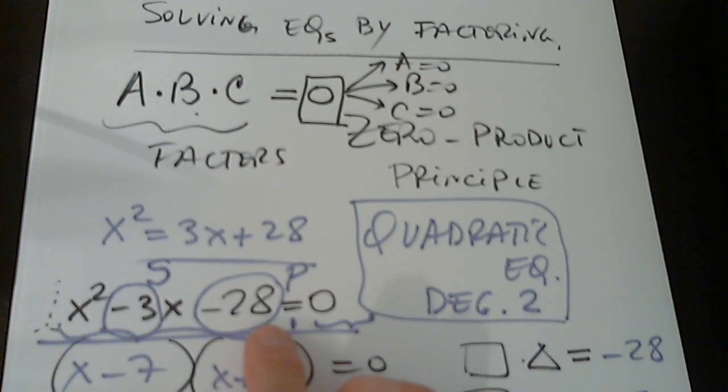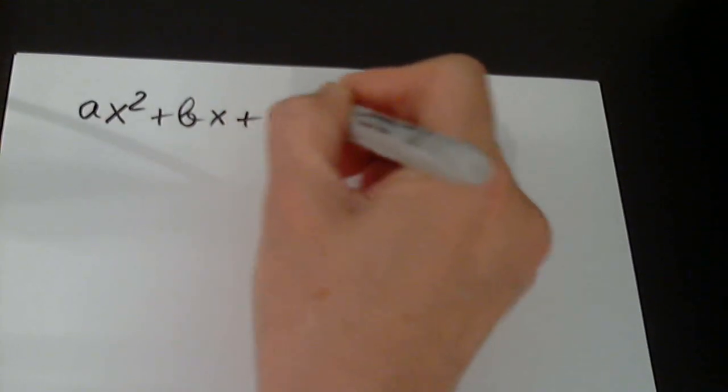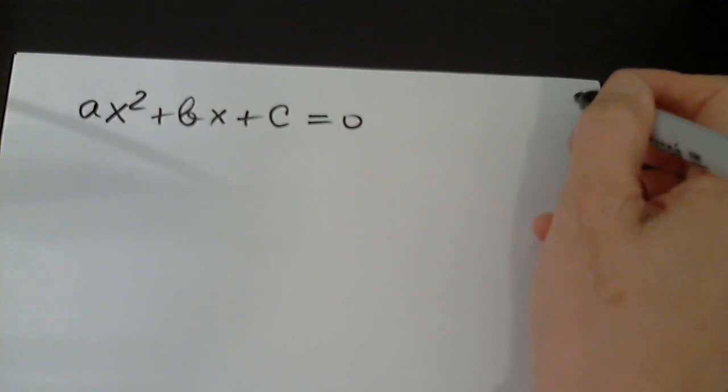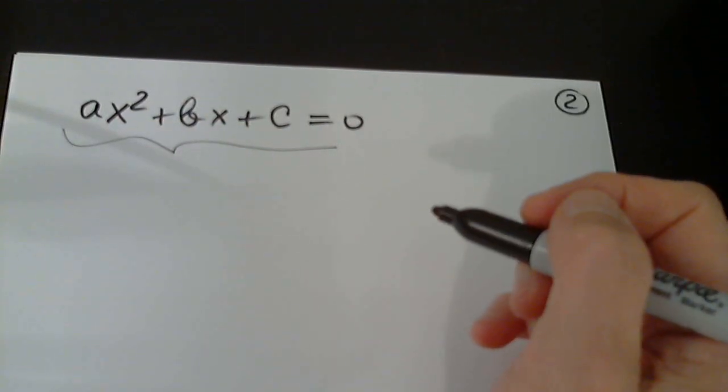And the general form, or the standard form of a quadratic equation is this: a constant times x squared plus a constant times x plus a constant. So this is the general equation.